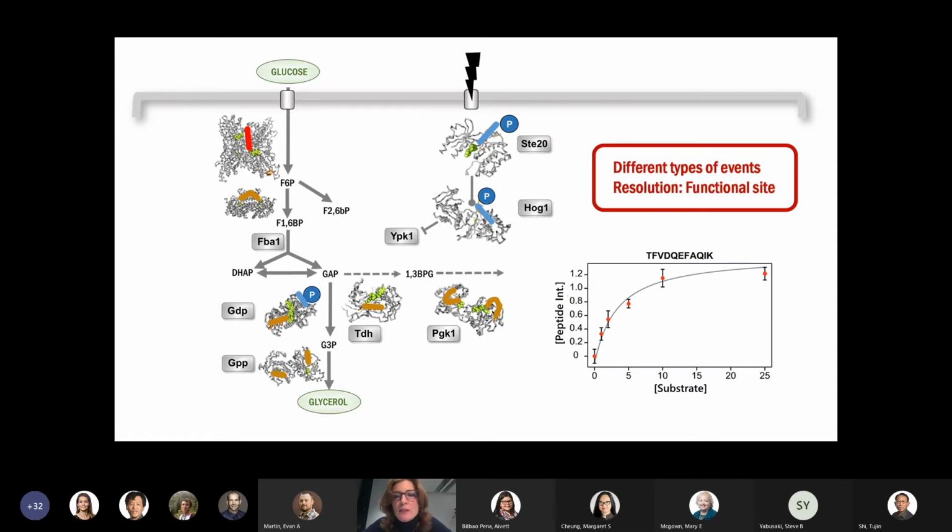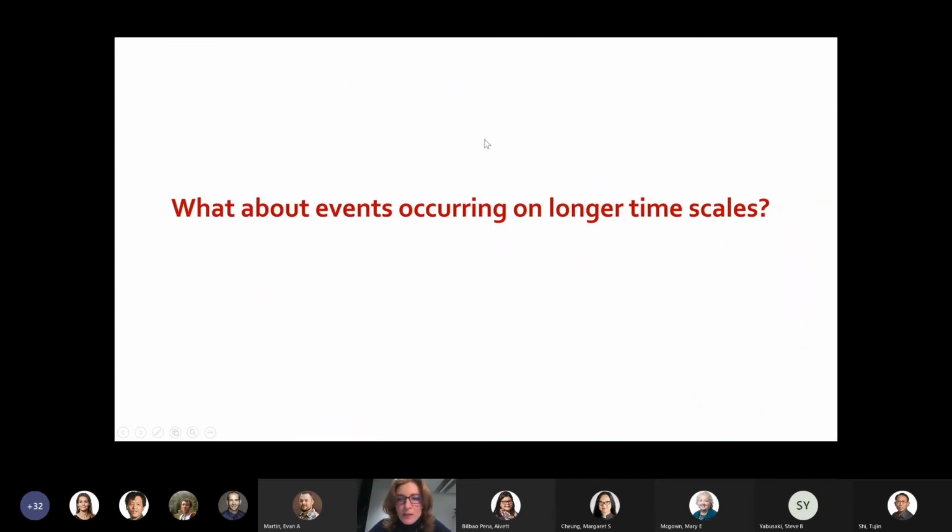So to summarize, using this approach, we can capture different types of molecular events occurring simultaneously with the resolution of single functional sites. And then to understand what is going on, you can try and map your data to the sequences or the structures of proteins to then understand which sites are specifically regulated.